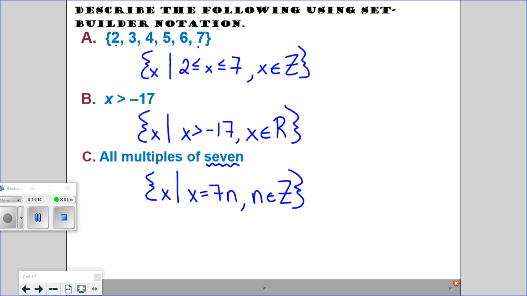Any questions on any type of set builder notation that we've seen? I think I've kind of hit all the different varieties you're going to see. You just got to match up to what it looks like up there, okay? The only thing is there's a couple different varieties of starting out as an inequality. It doesn't matter if it starts out as this type of inequality or if it were to start out as like an inequality that was something like, let's say, negative 3 is less than or equal to x is less than 4.